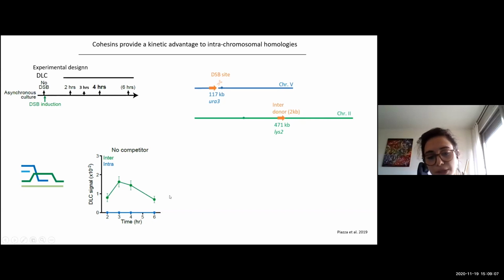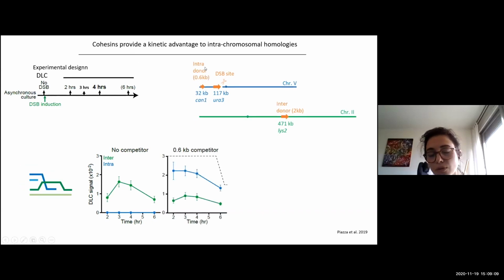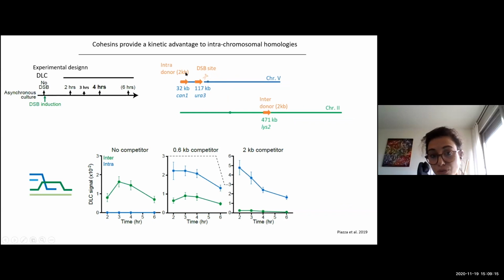This level of D-loop is decreased when an intra-chromosomal donor of 0.6 kb is added. And this decrease is even stronger when the intra-chromosomal donor added is longer. So this suggests that intra-chromosomal sequences are favored and kinetically advantaged for D-loop formation over inter-chromosomal sequences.